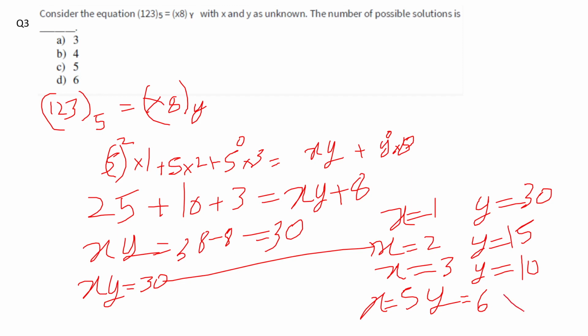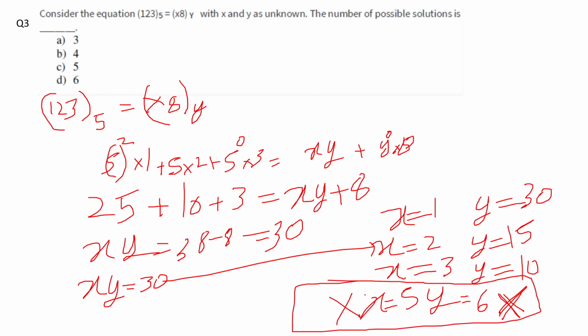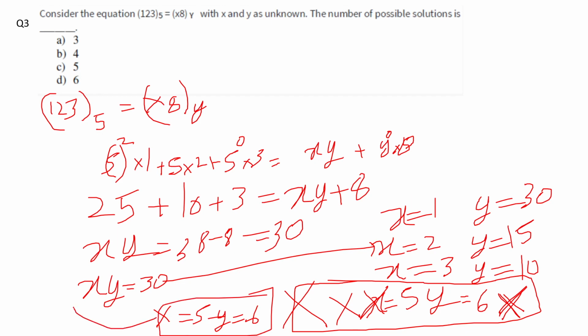But this cannot be the solution. Can you tell me why? No, no, I'm just saying x equal to 5 and y equal to 6 cannot be the solution to this equation. Why?